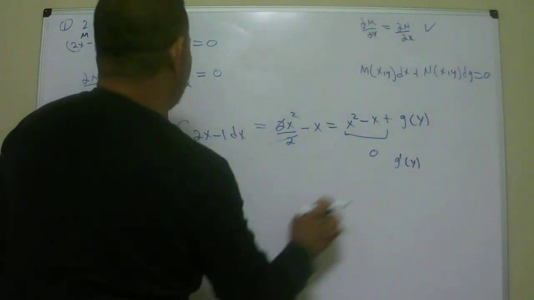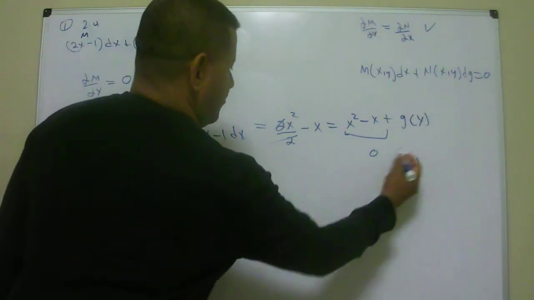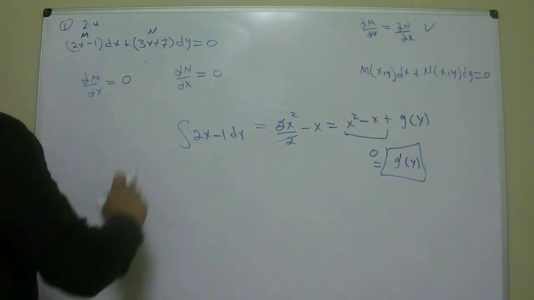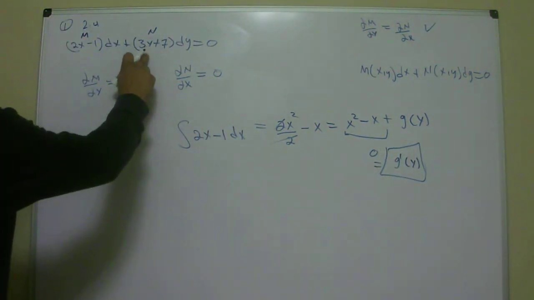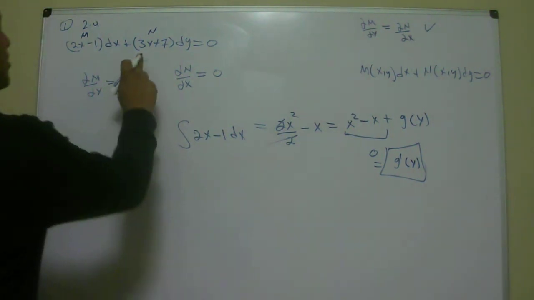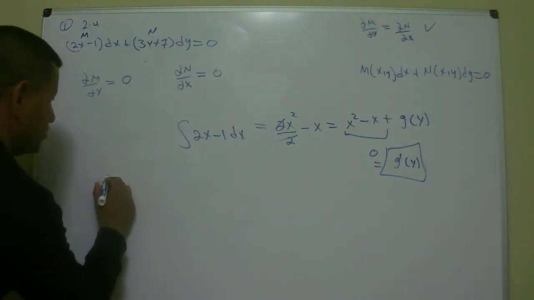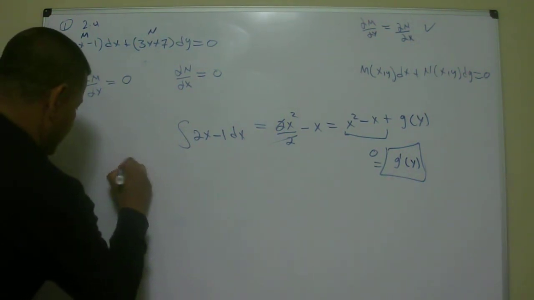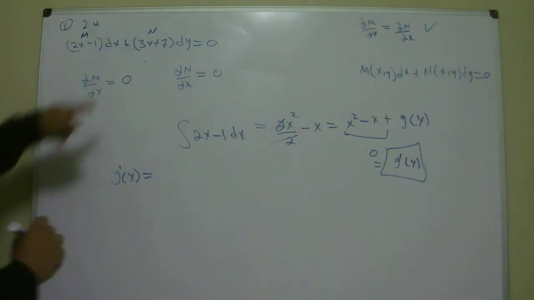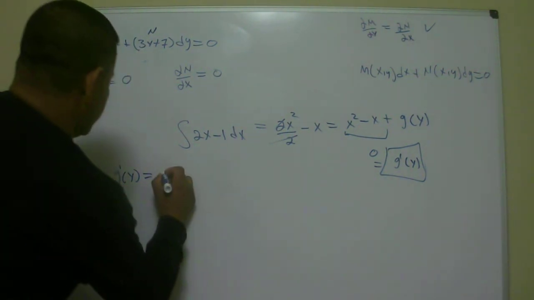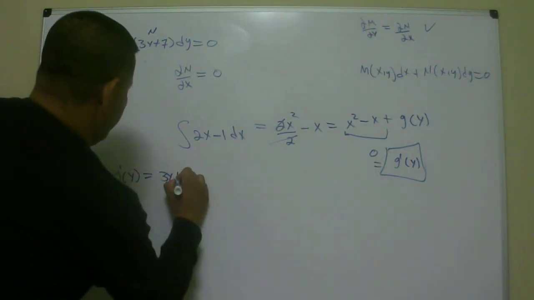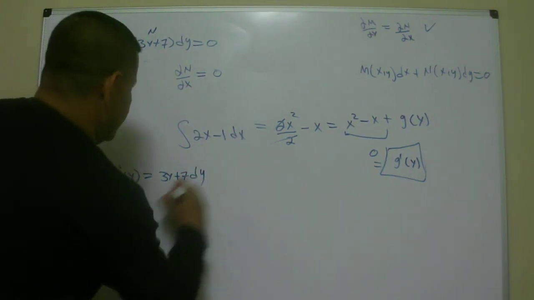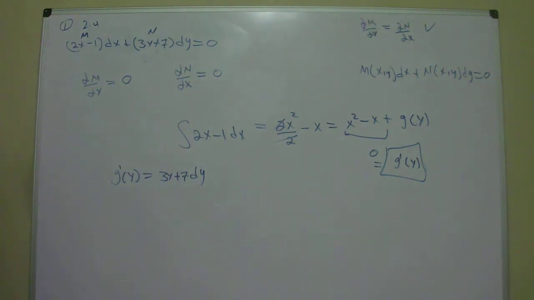Now I'm going to set this equal to N. So g prime of y is equal to N, which is 3y plus 7 dy.